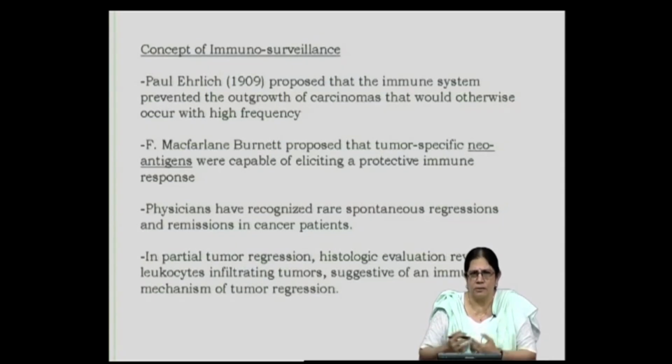Now, how do cancers arise? Everybody knows this is because of accumulation of mutations. It was seen that all of us are exposed to carcinogens, those chemicals or physical agents that can induce cancers. They do so because of mutations.